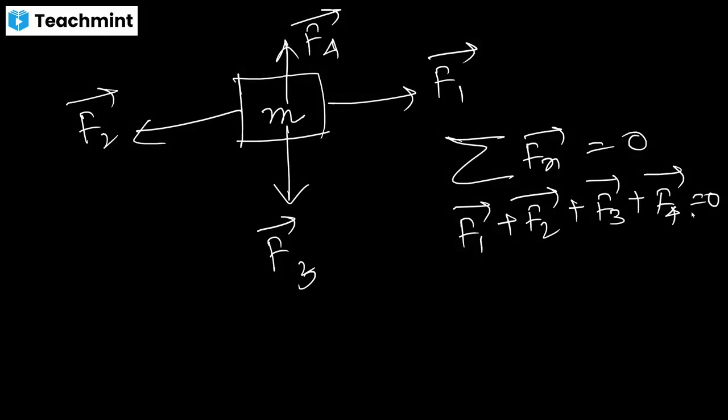If it was in rest position, it will stay at rest. If it was in uniform motion, it will continue in uniform motion. If the summation of all the force vectors is zero, then it will happen. But if their sum is not zero, then obviously the object will change its state.